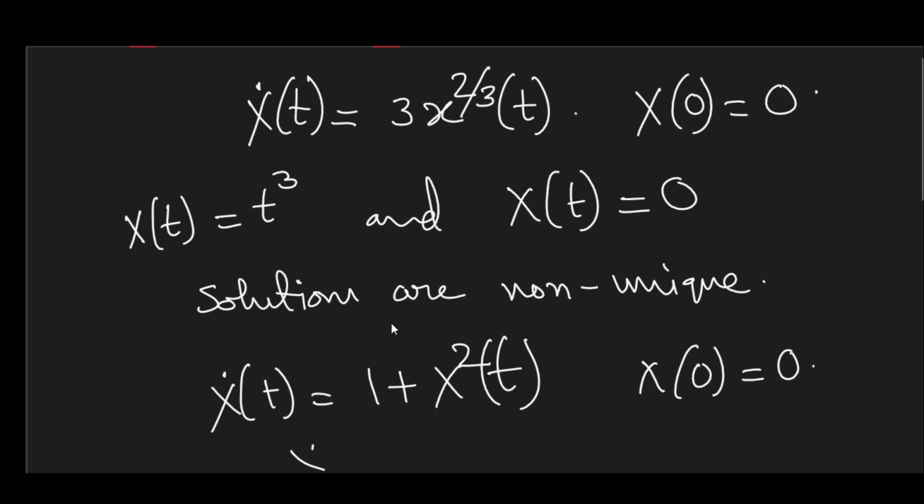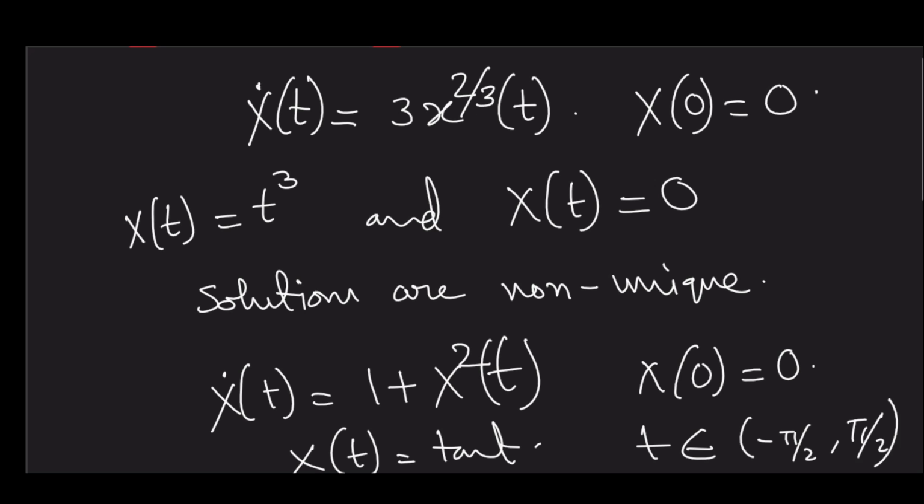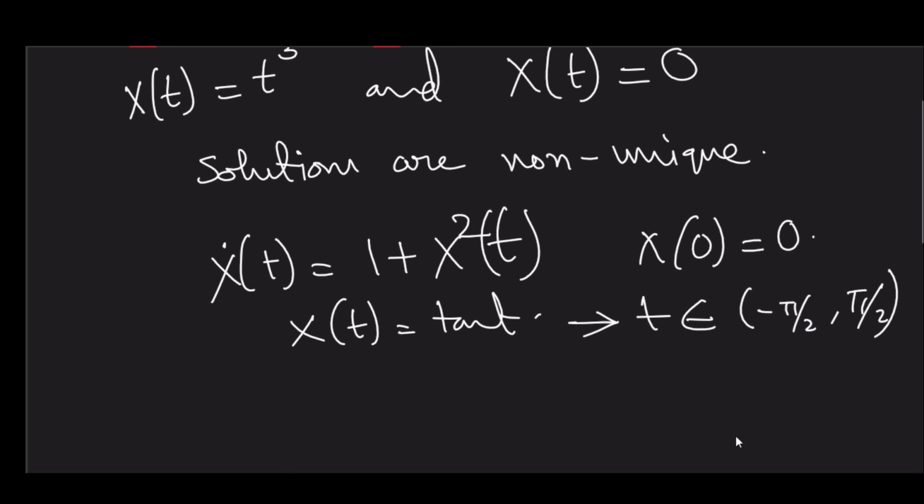then you will get, but at the time interval, this solution is defined, or exists, only in this time interval. But at t is equal to plus or minus pi by 2 this solution doesn't exist, right?